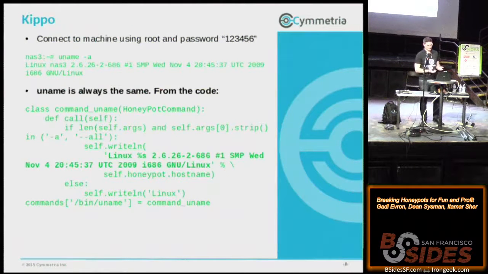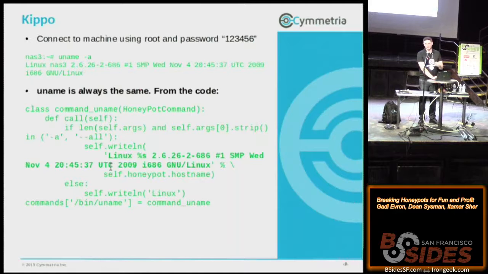The way you connect to a Kippo machine is you just use the username root and the password 123456. But then if you write the uname command, which tells you the banner for the operating system, it always gives the same result. Specifically, what I'm showing here is from the source code of Kippo in Python. If you look up that uname, specifically that timestamp in Google, what you get is a lot of Stack Overflow IT people saying, I'm trying to connect to this SSH machine in the network.